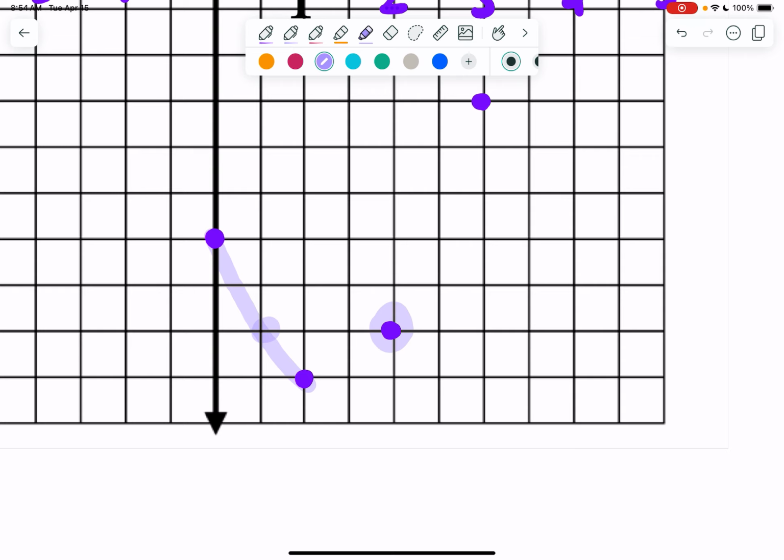Which means if I wanted to mirror that, as best as I possibly could, I know that maybe I would need to have a point here so I can make that reflection look the same. Which means my vertex has to be somewhere smack dab in between these, which looks like it's somewhere along here.